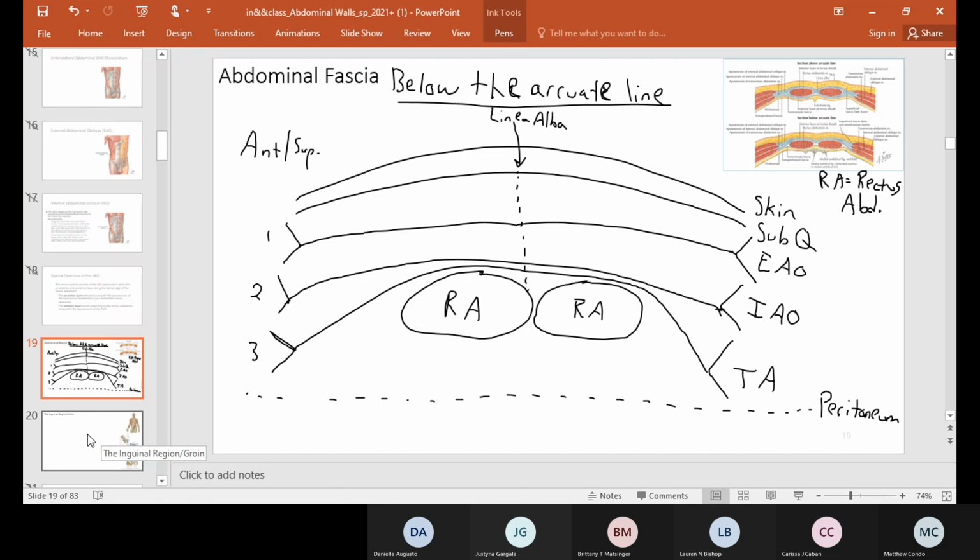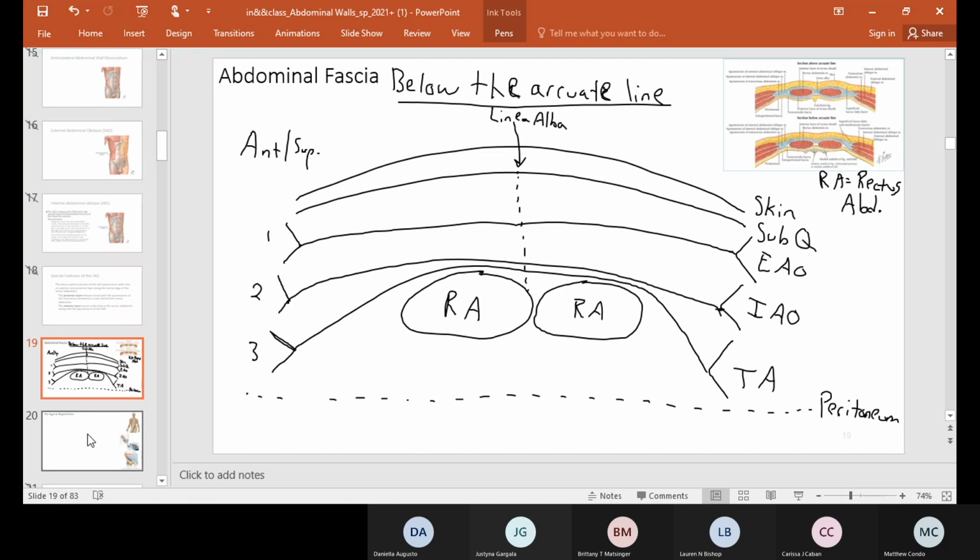So remember, this is a cross section. Okay. So I basically did that, and I'm looking down and in. Makes sense.